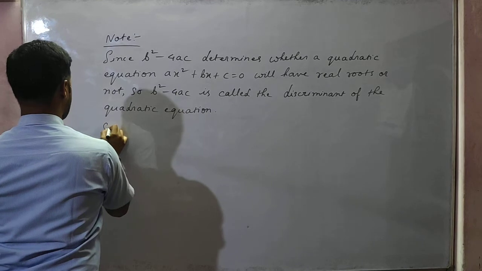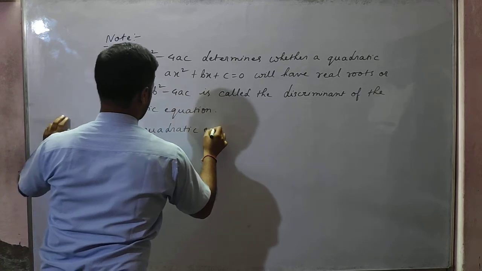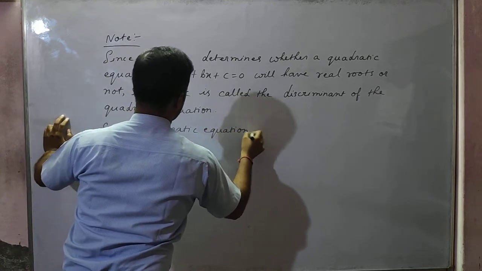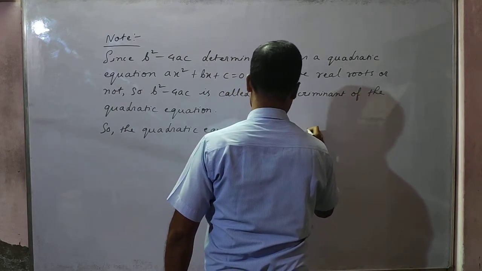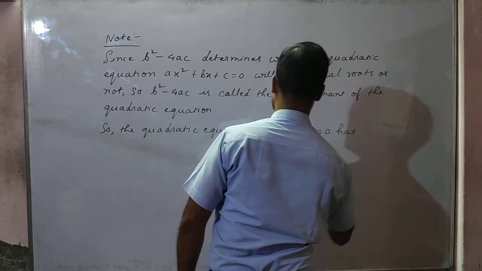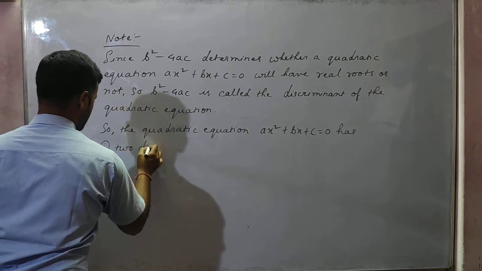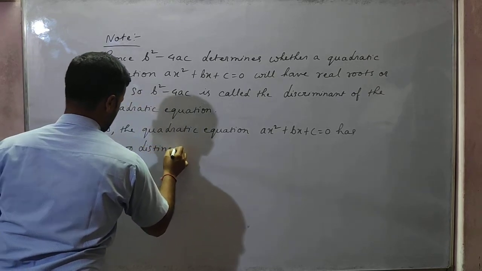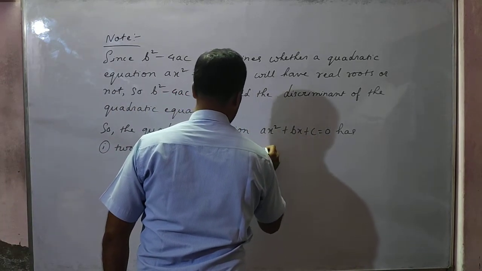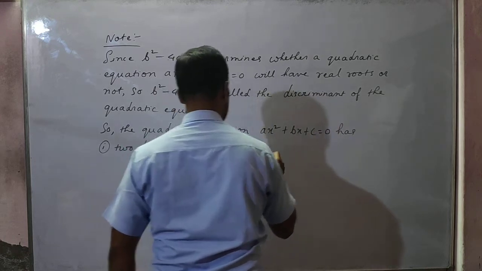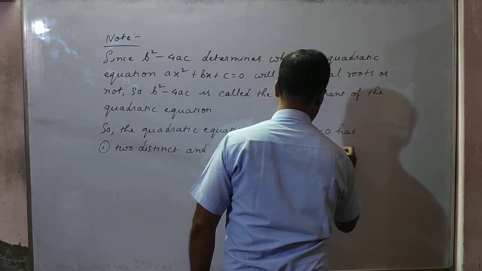So the quadratic equation ax square plus bx plus c is equal to 0 has, number 1, two distinct and real roots if b square minus 4ac is greater than 0.